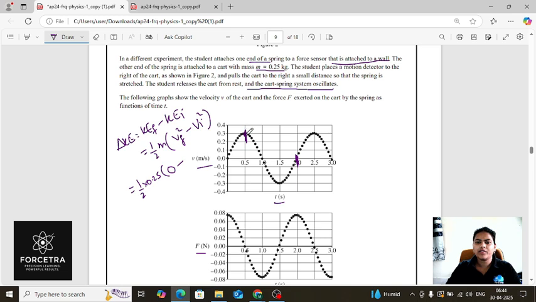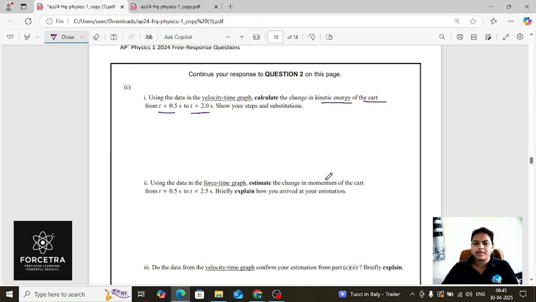And what is the initial velocity at 0.25 second? 0.3, so 0.3 squared. So you just calculate this, how much you are getting, the change in kinetic energy. It is negative 0.01125.